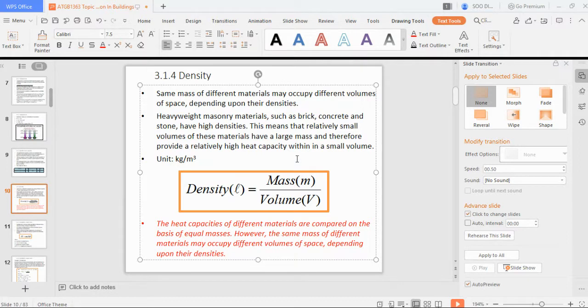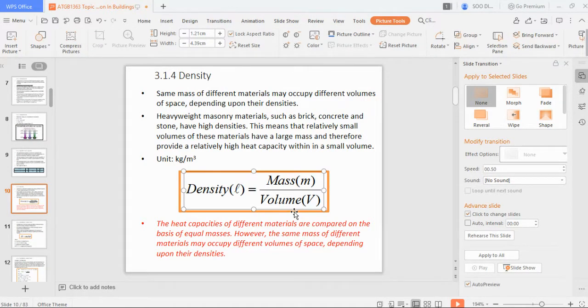So different materials have different characteristics, and the density of a material is represented by this formula. The mass, which is how heavy it is, usually in kg, is divided by volume. So the unit is kg per meter cube.